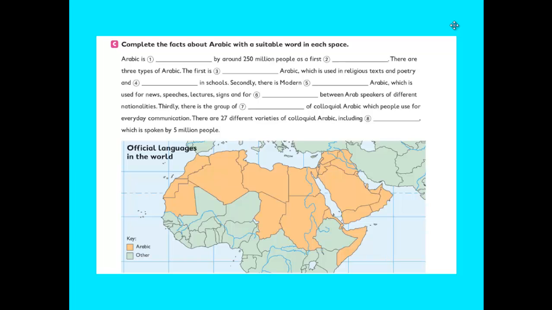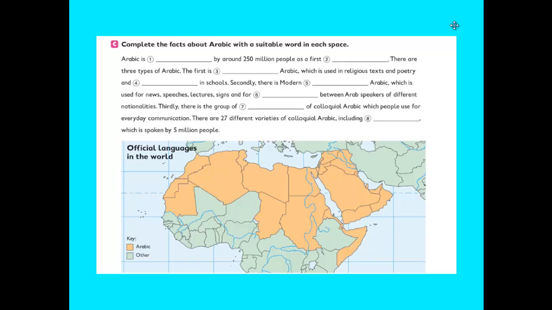Now let's talk about the third kind. Thirdly, there is the group of varieties of colloquial Arabic, which people use for everyday communication. There are 27 different varieties of colloquial Arabic, including Libyan, which is spoken by 5 million people.